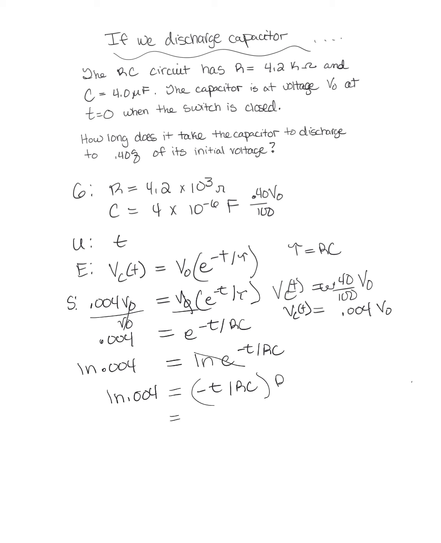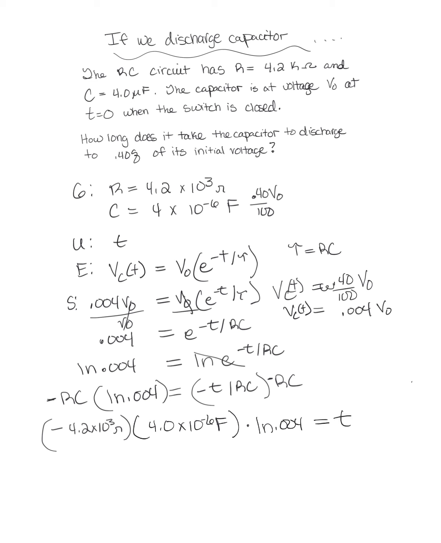Multiply both sides times RC. Then we have negative RC, to get rid of that negative, because we can't have negative time. So we have negative, our R is 4.2 times 10 to the 3 ohms, times C, which we have as 4.0 times 10 to the minus 6 farads, times the ln of 0.004 equals t.